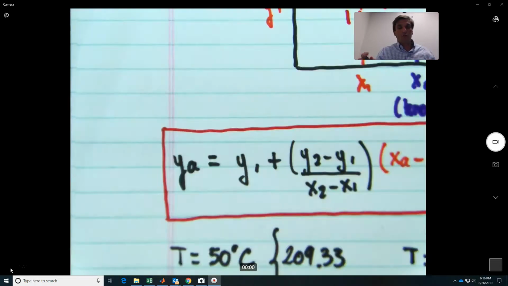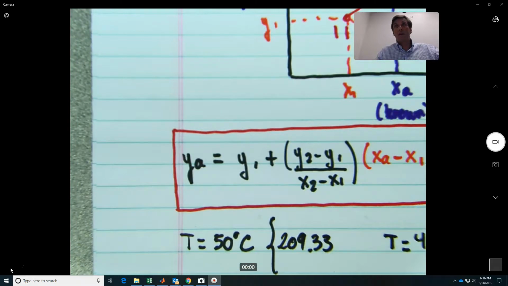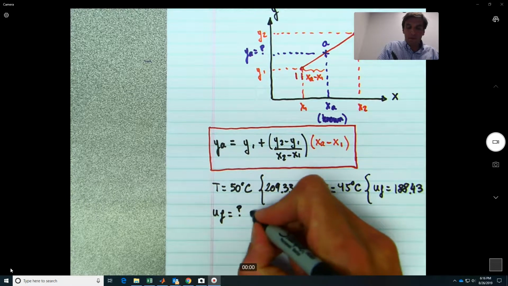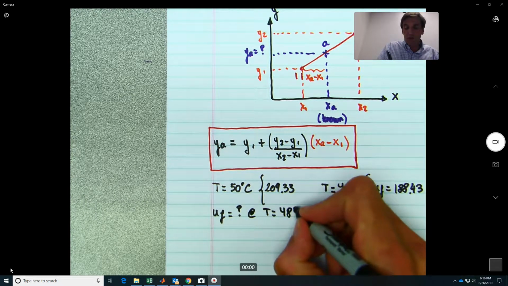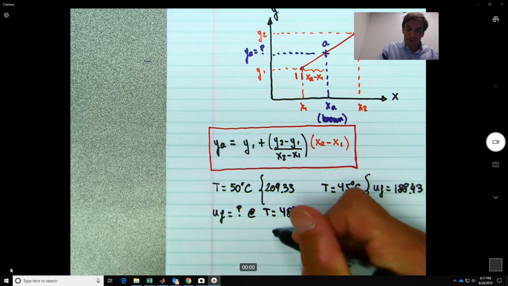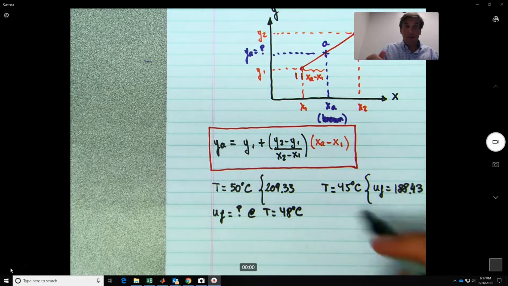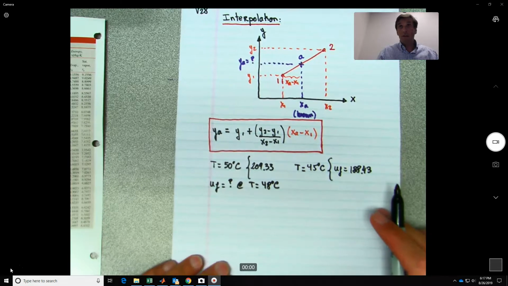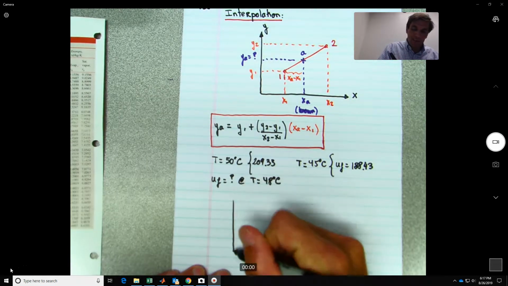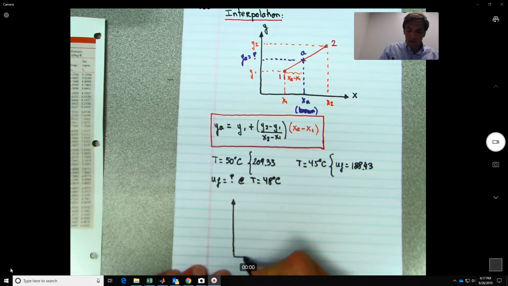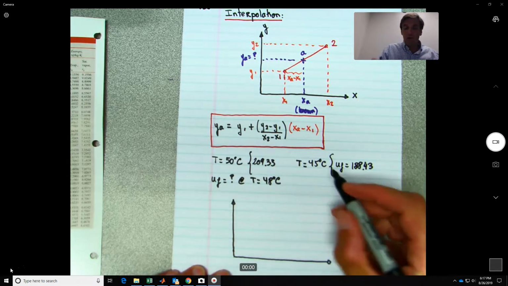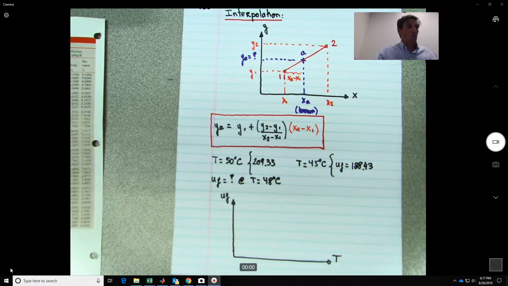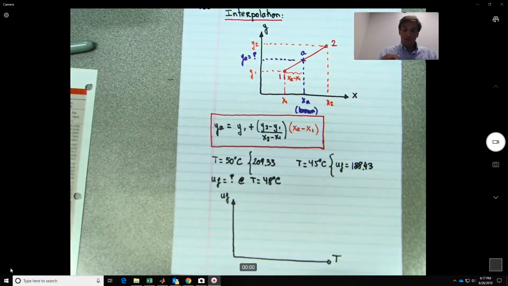Okay? So we're trying to find what is u sub f at T equal 48 degrees Celsius. So if we do a similar figure as this one over here, remember you put on the y-axis what you are looking for, so it will be u sub f, and you put over here what you know, T. So we do a linear interpolation.